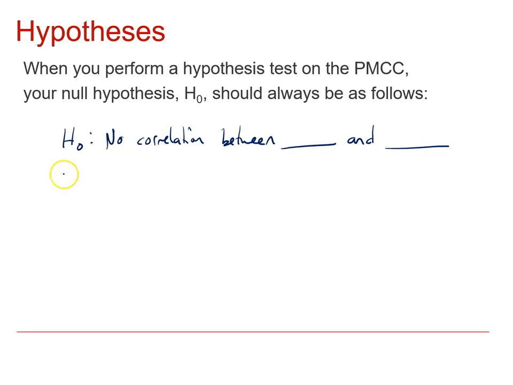An acceptable alternative is, we recall that the population product moment correlation coefficient has the Greek letter rho. So we can have that rho is equal to 0, because that value corresponds to no correlation.